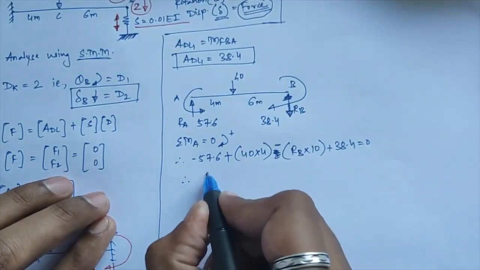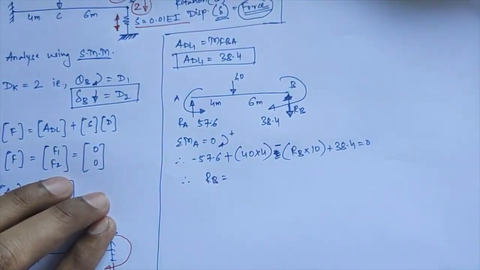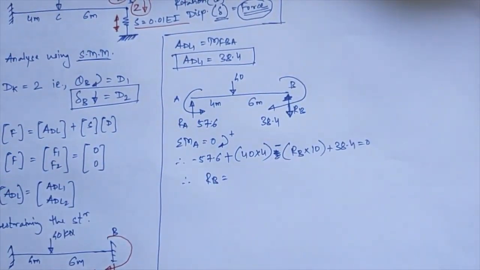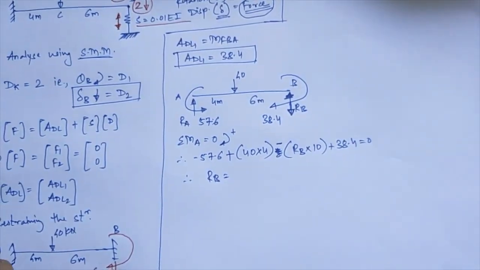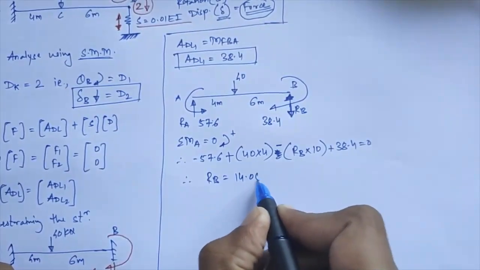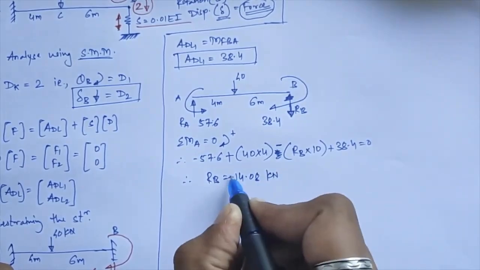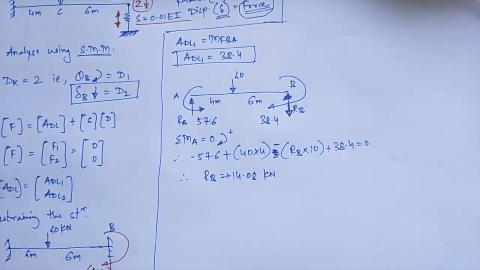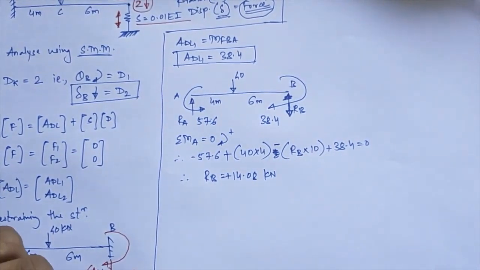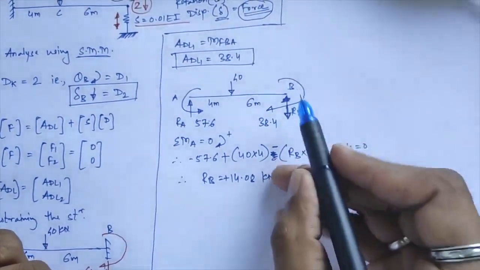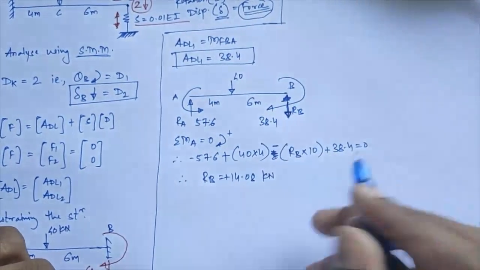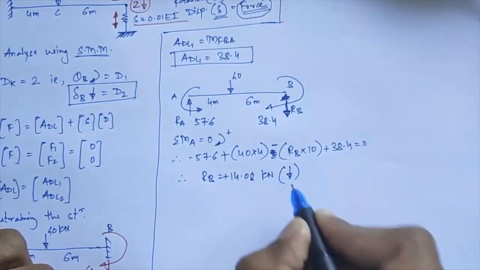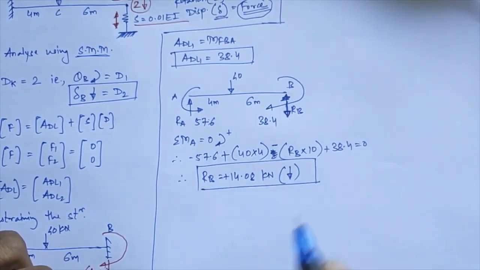So if you solve this for RB value, I have got this RB as 14.08 kilonewton positive. What this positive sign indicates is that my assumed direction of RB is correct. RB will be acting in downward direction.